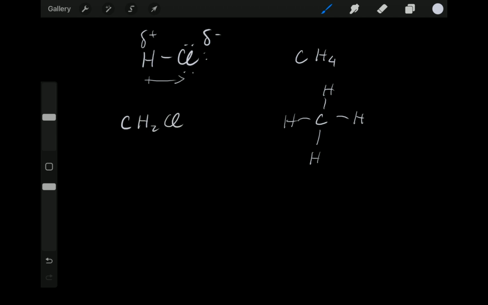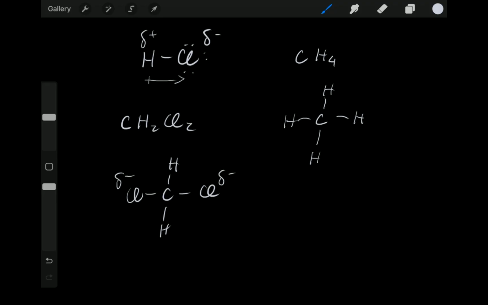CH2Cl2? Now, you might draw this in this way, like this. Now, what you have is a structure where you have two of the Cl's, which have a high electronegativity. So you would think that this is a minus here, and this is a minus here.